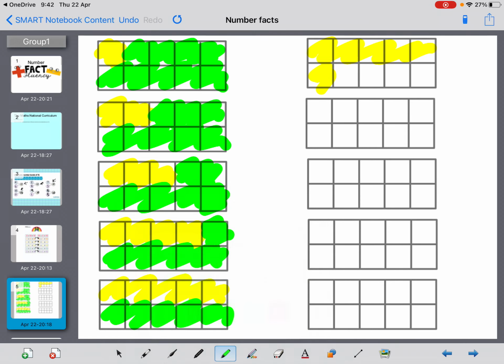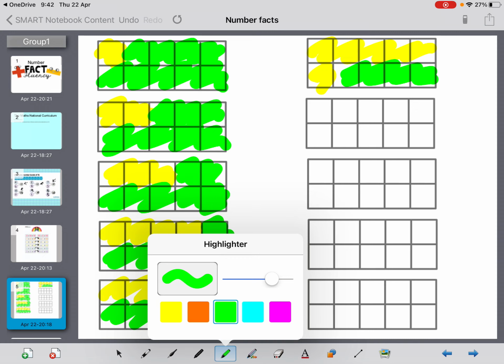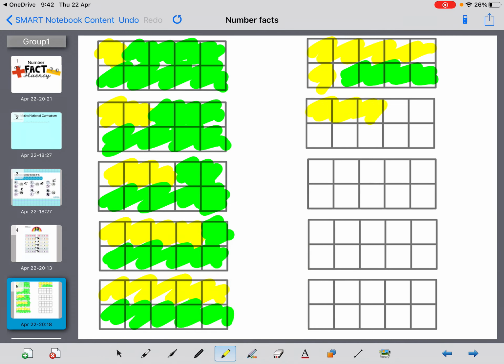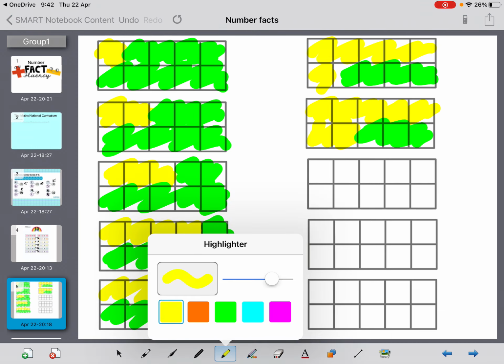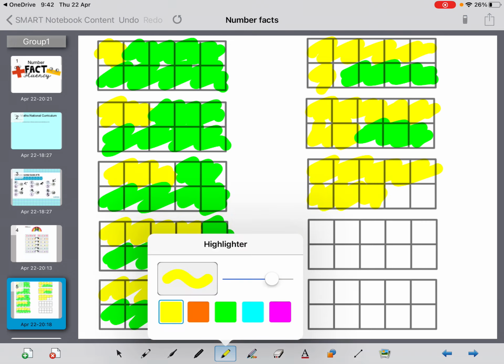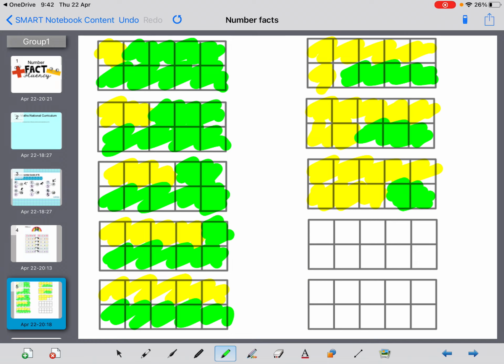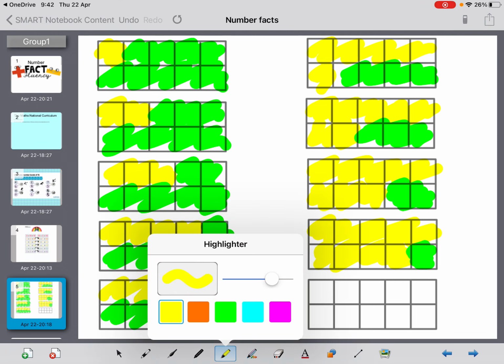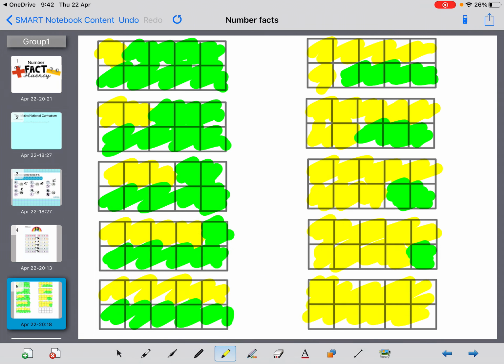6 yellow and 4 green. 7 yellow and 3 green. 8 yellow and 2 green. 9 yellow and 1 green. 10 yellow and no green.